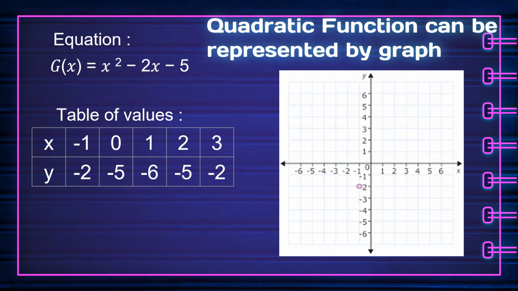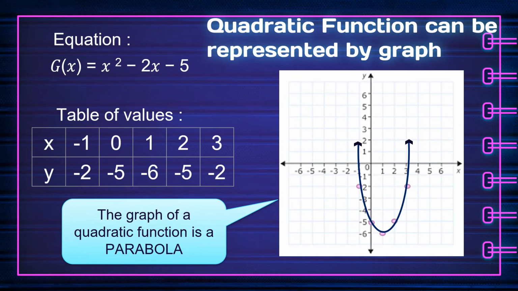Plot the point negative 1, negative 2, then 0, negative 5, then we have 1, negative 6, 2, negative 5, and 3, negative 2. Then connect the points. So as you can see, this is the graph of the quadratic function. How do you describe the graph of the quadratic function? It is a smooth curve called a parabola.